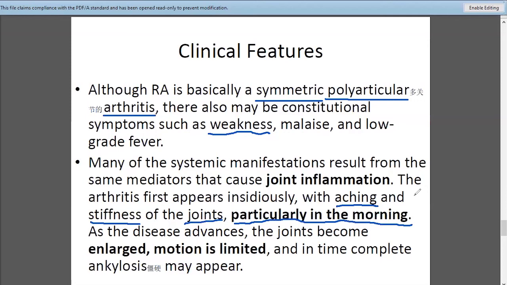In severe cases, it gradually develops. We say that's a chronic illness, and it gradually gets worse. Then we can find the joints enlarging and deforming, movement limited, and more stiffness. So that's basically this illness.